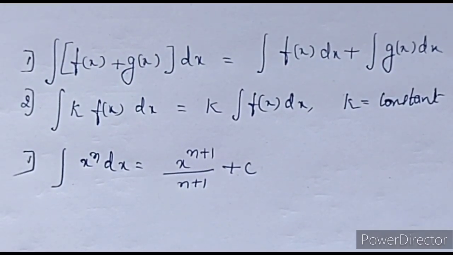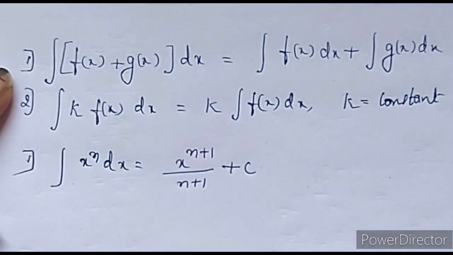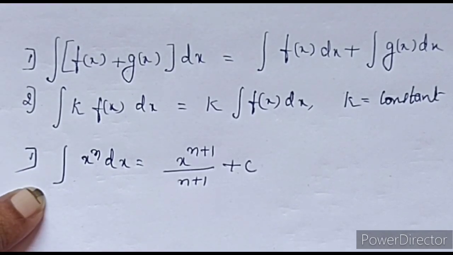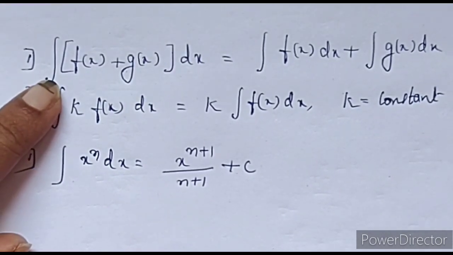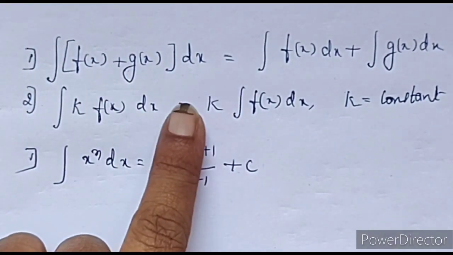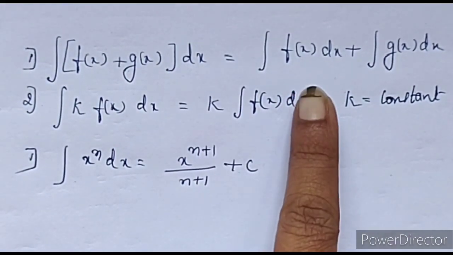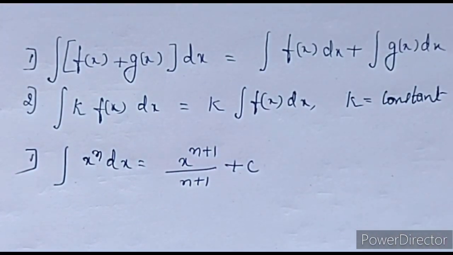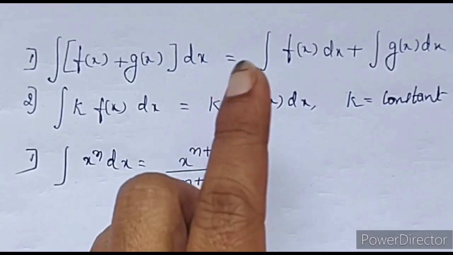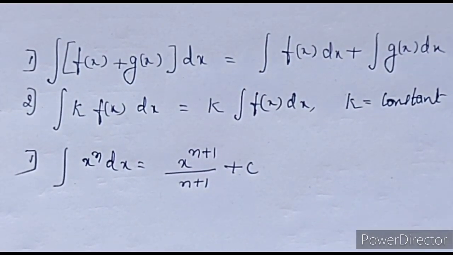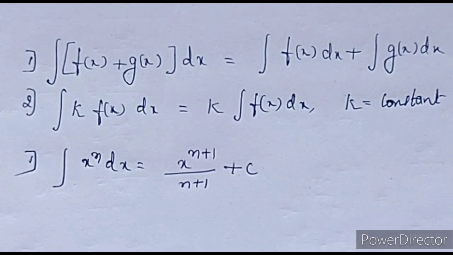To solve the integration problems, we shall use these two properties of integration and this formula of integration. The first property says that integration of f of x plus g of x dx, that is integration of the summation of two functions, is equal to integration of the first function plus integration of the second function. It also holds good if there is a summation of 3 functions or 4 functions, or a finite summation of a certain number of functions.